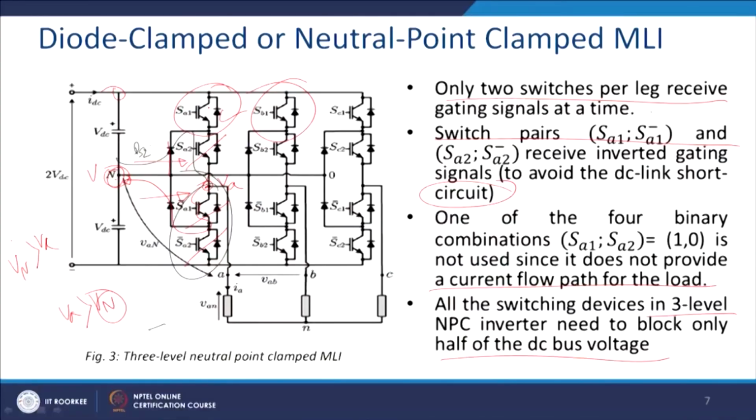if you use an IGBT rating of VDC, then the cost was 4 times higher. If the price of an IGBT of VDC by 2 is X, then the cost of one leg is 4x.